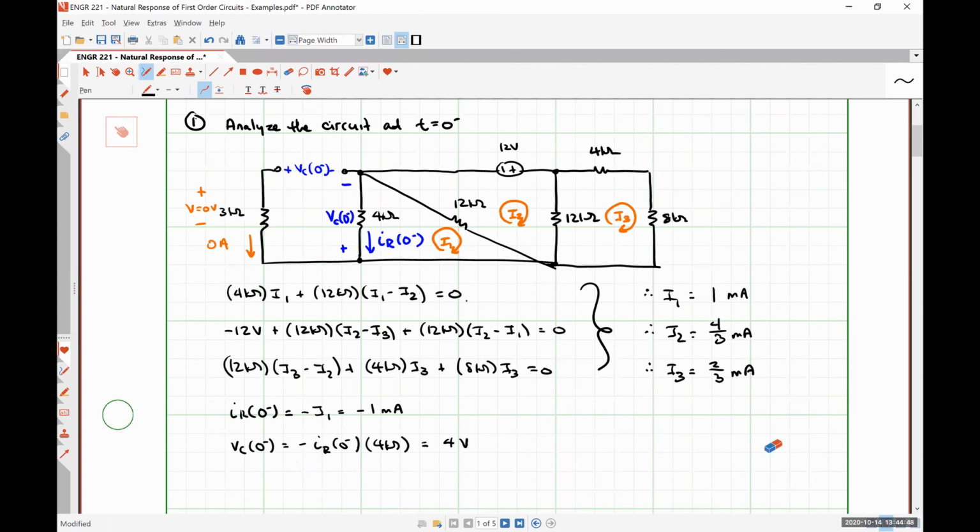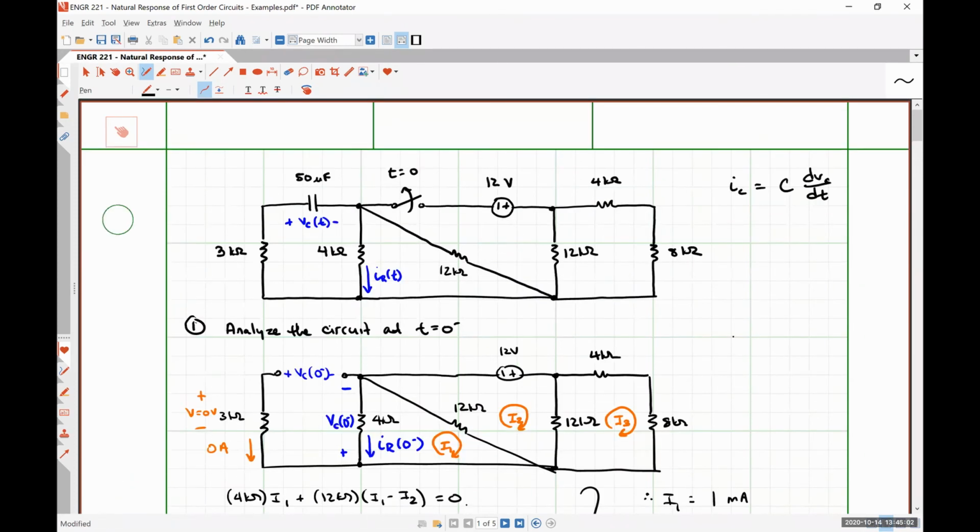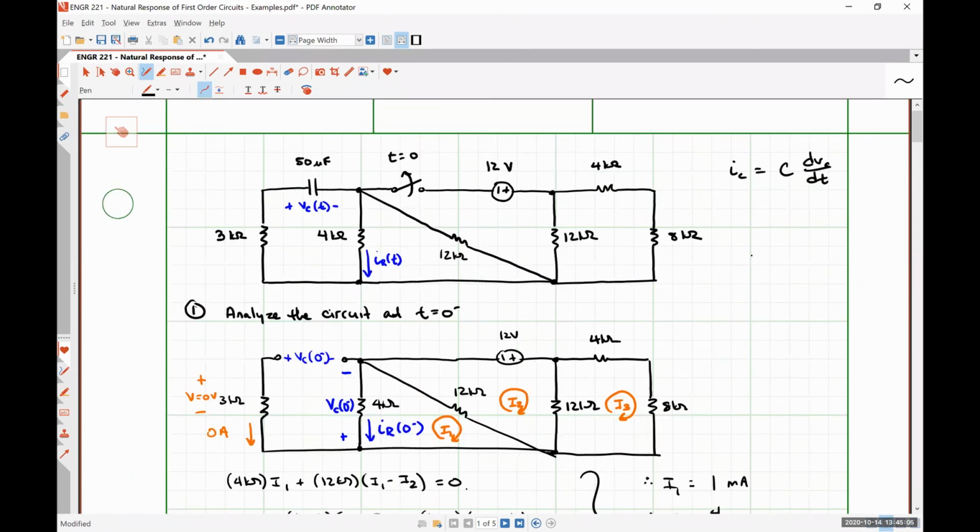So our second step, and we only have to do this step when we're interested in a quantity other than the capacitor voltage or the inductor current, okay? Let's explain again why I put the negative polarity on top. In our problem statement at the very top, the negative polarity terminal is associated with that node, so it's still associated with that node.